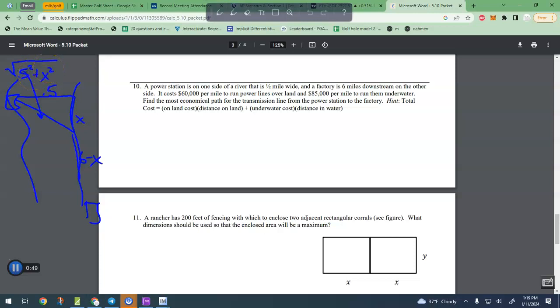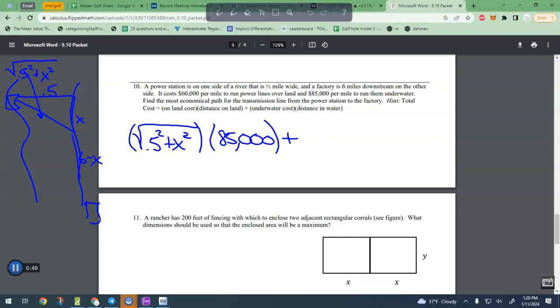And that is me going underwater. So whatever that distance is, it's going to cost me 85,000 times that distance. I don't know the distance because I don't know what x is. X might be 6, and we're just going straight up diagonal. X might be 0, and we're going straight across and then straight down. But whatever x is, this distance will be the hypotenuse of the Pythagorean theorem, and then it costs 85,000 per mile for that tubing or whatever power lines.